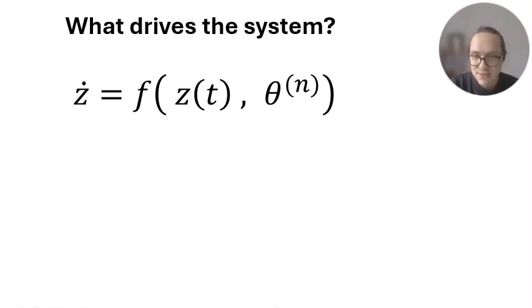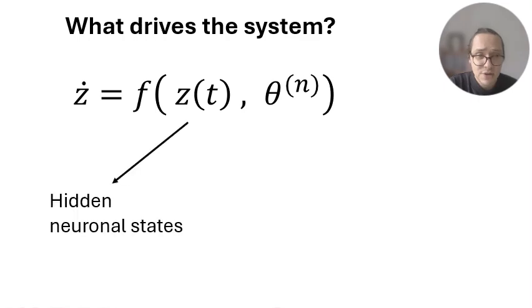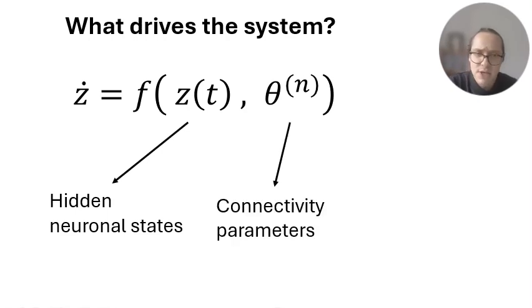And just to recap what this is showing, the change in neuronal states over time, Z dot, can be defined as a function of these hidden neuronal states, which is what we're trying to get at with DCM, and some connectivity parameters, which are going to be within some neural parameters. And these connectivity parameters that we need to specify are going to end up being the extrinsic connections between regions and the intrinsic self-connections. But what's driving the system?